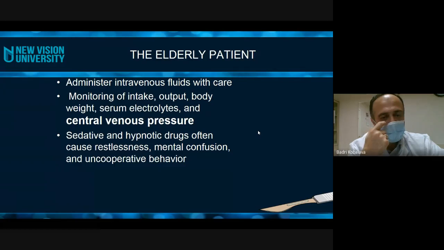That's why we must monitor the speed of fluid infusion in every patient, but especially in elderly patients. First of all, we must monitor the fluid intake, fluid output, body weight, to avoid over-transfusion of fluids, also serum electrolytes, and also central venous pressure.